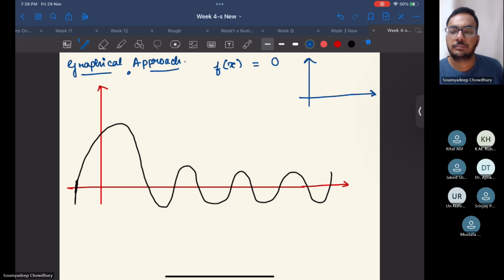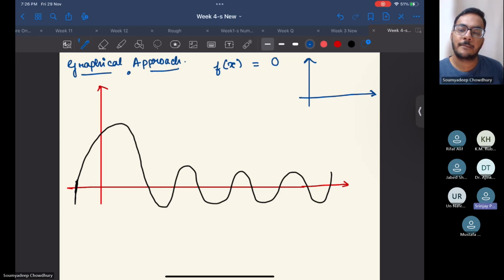Anyone? The line will be parallel to the y-axis. Yes, can you repeat once again? The line will be parallel to the y-axis. x equals 0 is a line parallel to the y-axis. Yes. Anyone else?